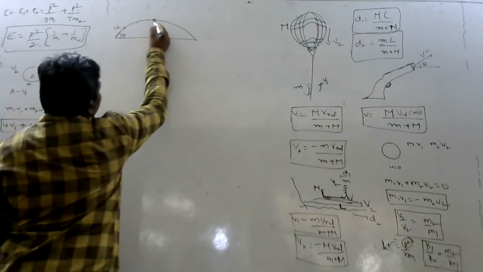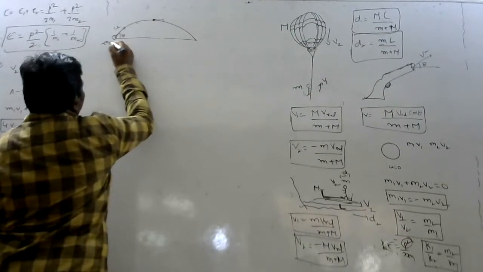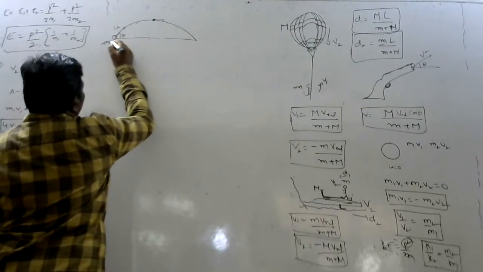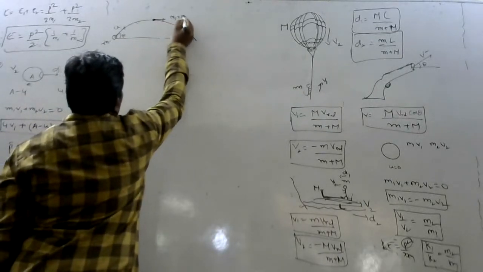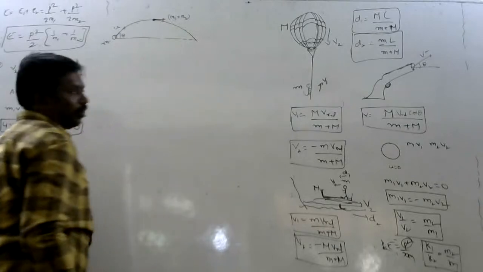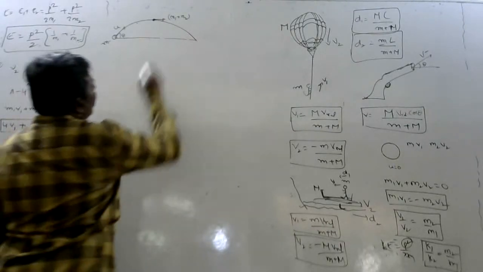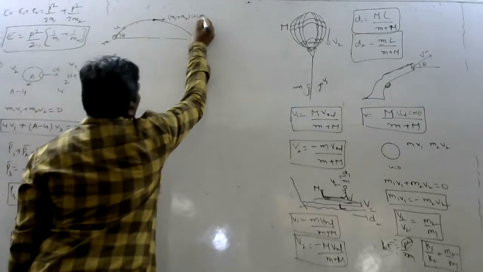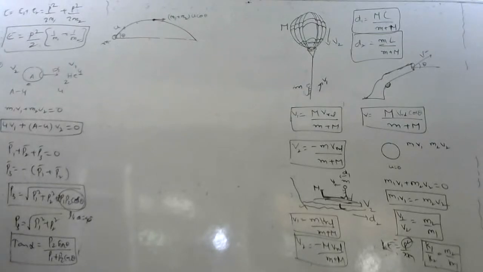At the highest point, the bomb of mass m explodes into two pieces, m1 and m2. At the highest point it has only horizontal velocity, so the total momentum is (m1 plus m2) into u cos theta.